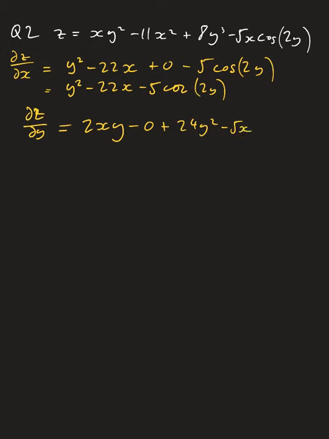And this 5x is just a constant in front. Cosine of 2y becomes minus sine of 2y times the derivative of what's in the brackets, which is just 2 with respect to y. So I'll tidy that up.